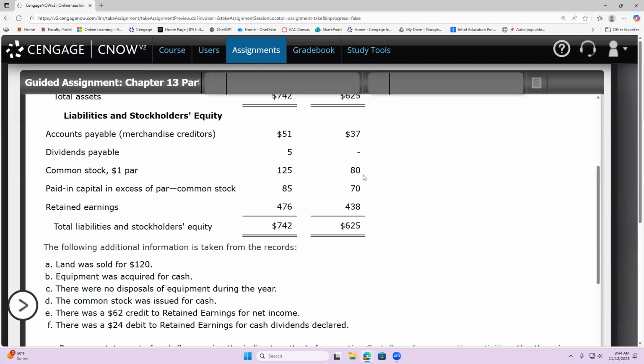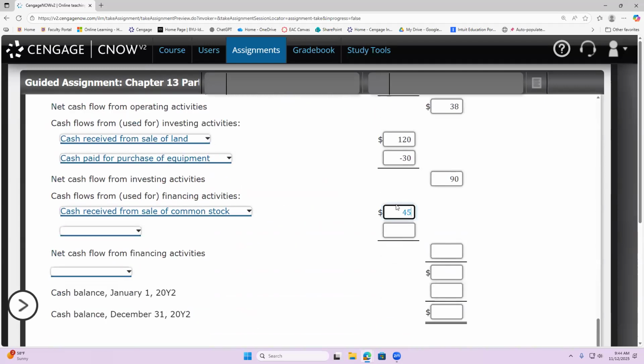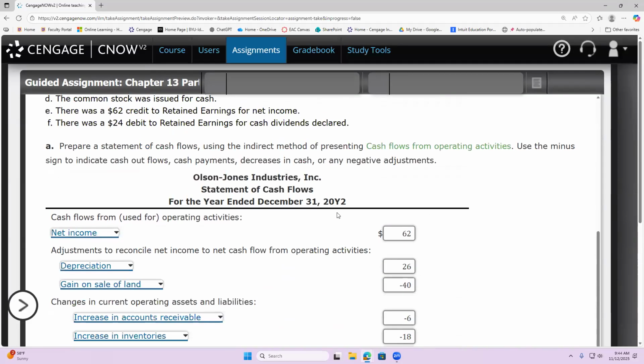I didn't see that. So this went up by 45. And then the paid in capital in excess of par went up by 15. So 45 plus 15 is 60. So we got 60, whatever that is, 60,000 or $60 from issuing common stock. And then we paid dividends.